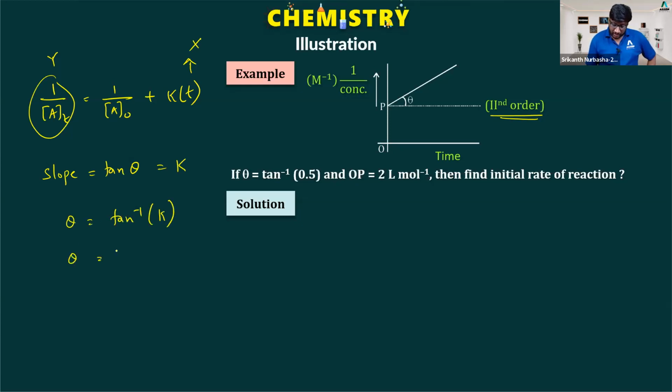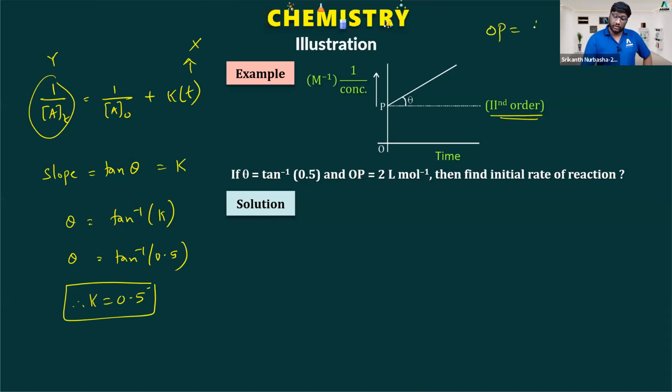Theta is given as tan inverse of 0.5, so k is equal to 0.5. And OP is nothing but 1 by concentration of A at time t equal to 0. OP is 2, so the concentration of A at time t equal to 0 is 1 by 2, that is 0.5.